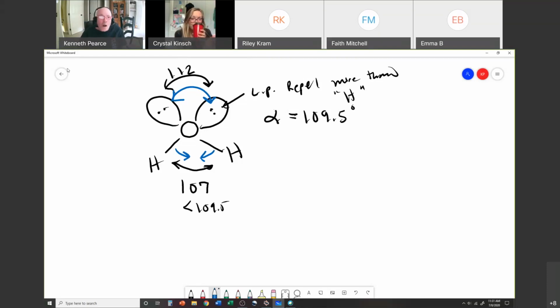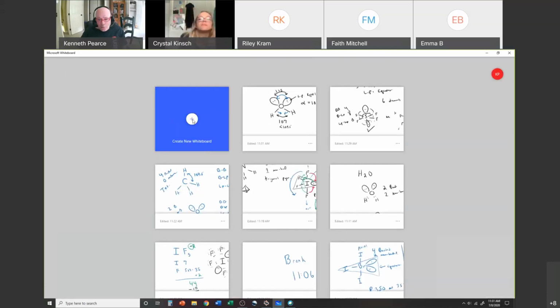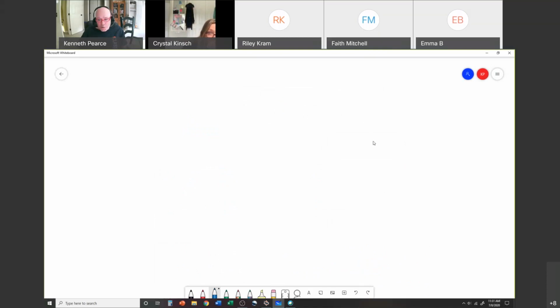All right, now we have these bond angles and we have these geometries. Now we're going to switch gears just a tiny little bit, and we're going to look inside molecules.